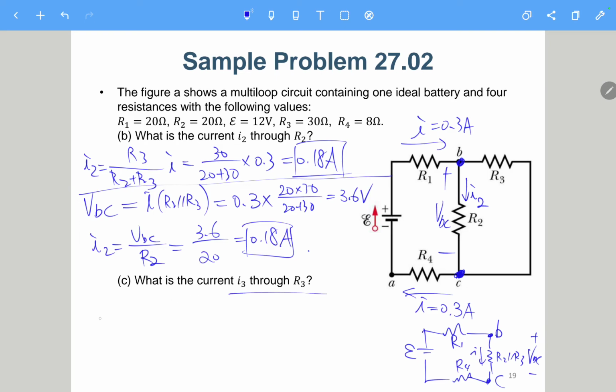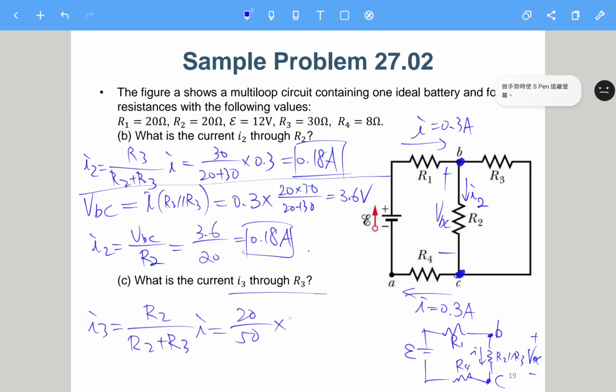And then similarly, I3 is nothing but R2 over R2 plus R3 times I. So it is 20 over 50 times 0.3, which is 0.12. Or maybe you can just subtract 0.3 by 0.18, which is 0.12.